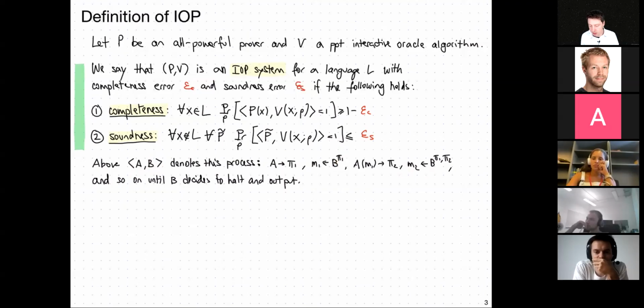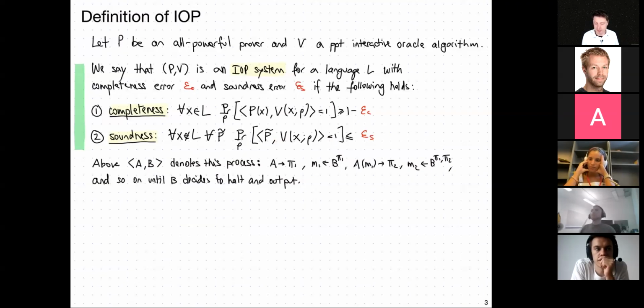Okay, and you just continue this way, and as the interaction proceeds, the oracles pile up onto the verifier, and the verifier at any moment in time can query any of the oracles received so far, but obviously not oracles that haven't been produced yet, right? And at some point, the verifier gets tired, decides to output a decision bit, and that's the decision bit that we are discussing here.